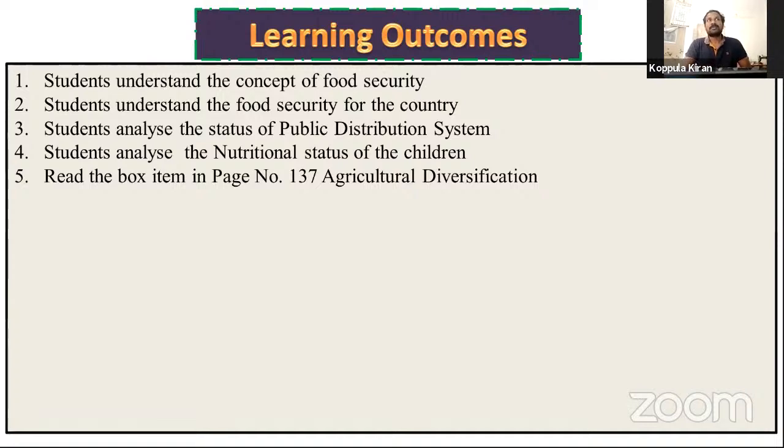Okay, next, read the text box item on page number 137, agricultural diversification. We have discussed in the previous lesson, Rampur village economy, that we have already learnt about multiple crops and crop rotation. Now we can discuss a little bit of diversification of agriculture in this chapter.